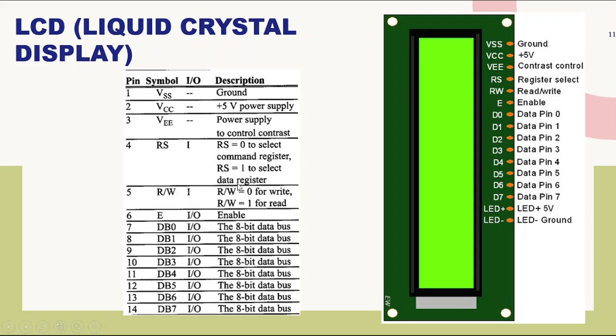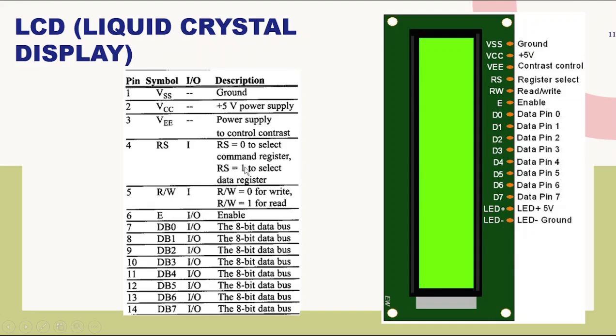As you can see from the table, the main pin I want to focus on is the RS pin. So the LCD has two registers. One is the command register, and another is the data register. What this RS pin does is that if it is set to 0, then the command register is selected, and whatever data we give in these data pins will go to the command register.